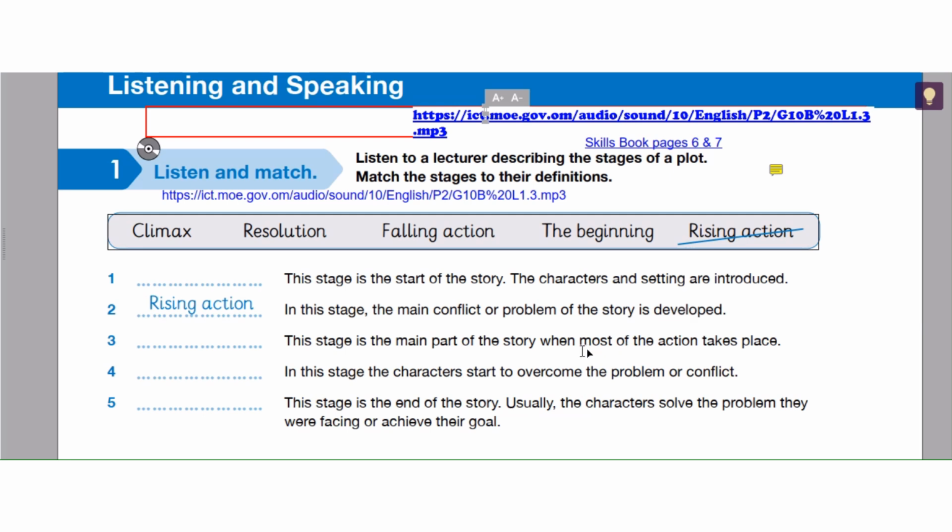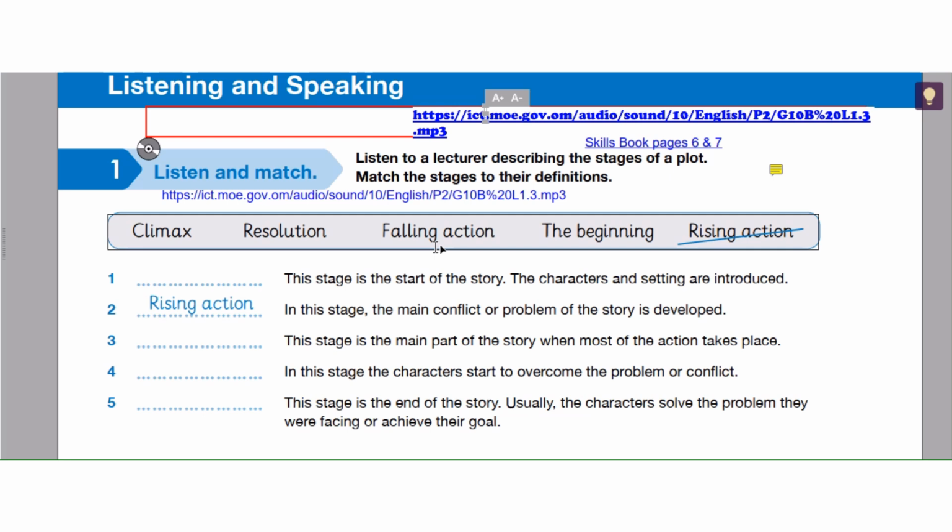After the rising action comes the climax of the story. The climax is the main part of the story. This is the stage when the real action of the story takes place. After the climax, we have the falling action.